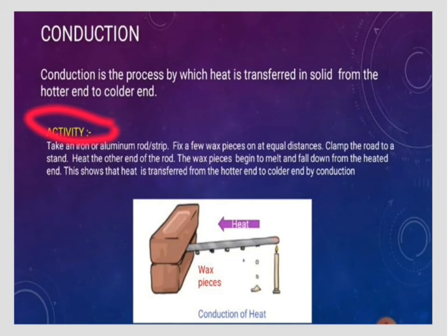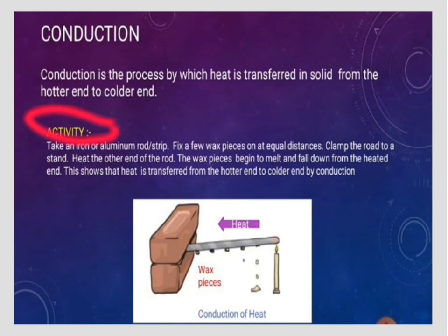Heat the other end of the rod. The wax pieces begin to melt and fall down from the heated end. This shows that heat is transferred from the hotter end to the colder end by the process of conduction.